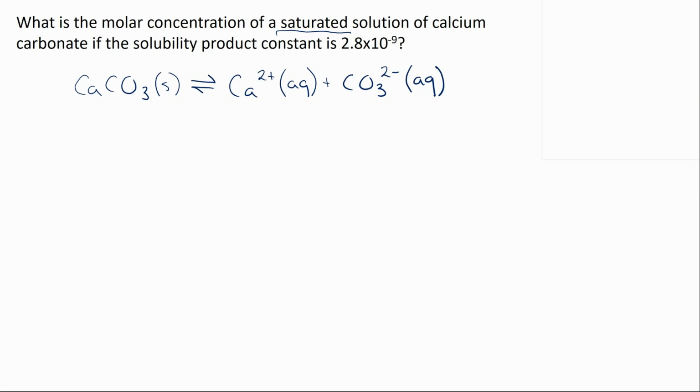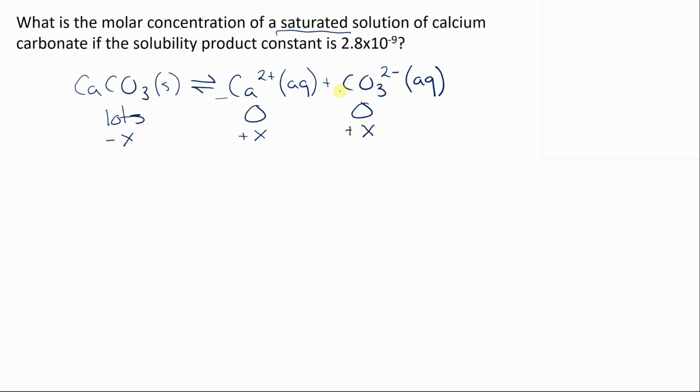And the other bit that is implied in this question is we're not given information about either calcium or carbonate being present in the solution before this began. So we're going to assume that we started with lots of this, no calcium or carbonate in solution, and that it was allowed to dissolve, and some amount of it, X, dissolved and formed calcium and carbonate.